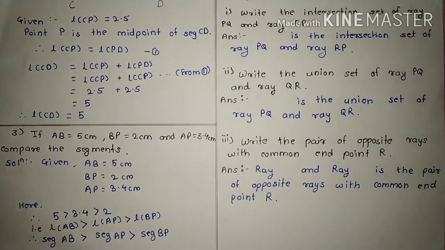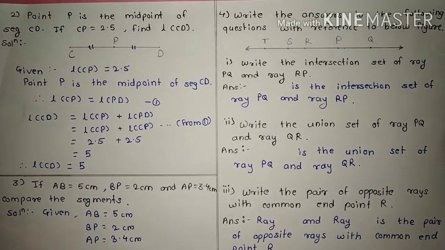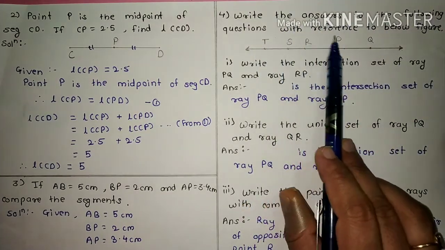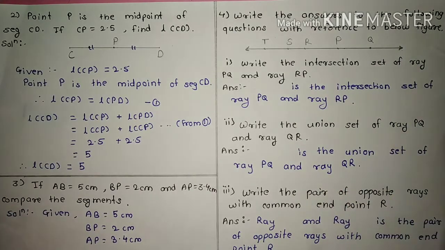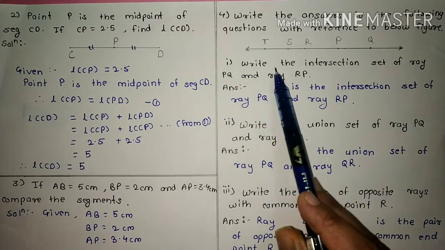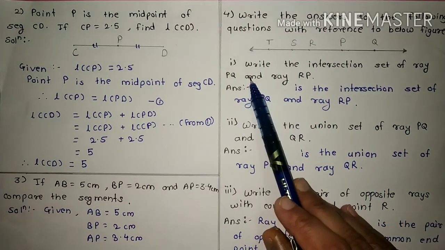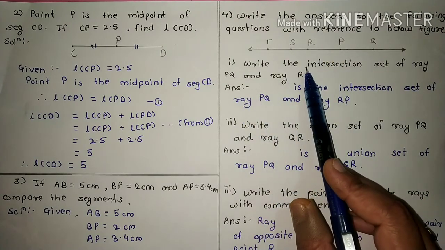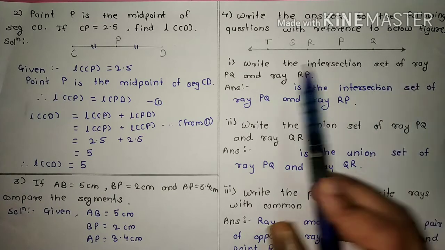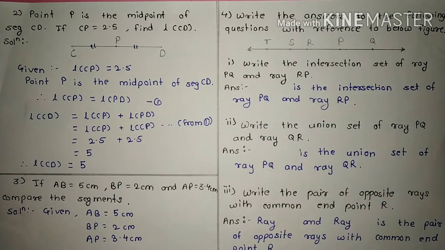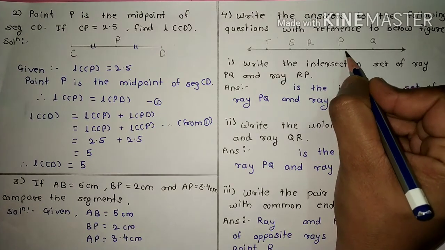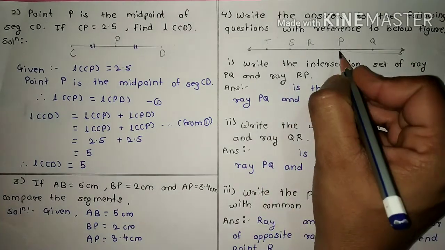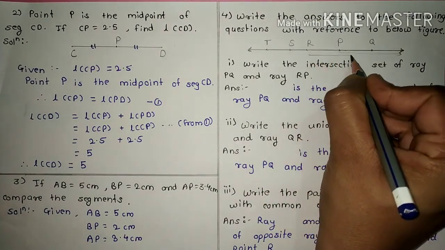Okay. Now see last example. Write the answers to the following questions with reference to the below figure. First question. Write the intersection set of ray PQ and ray RP. Ray PQ means this ray, and ray RP means this ray.